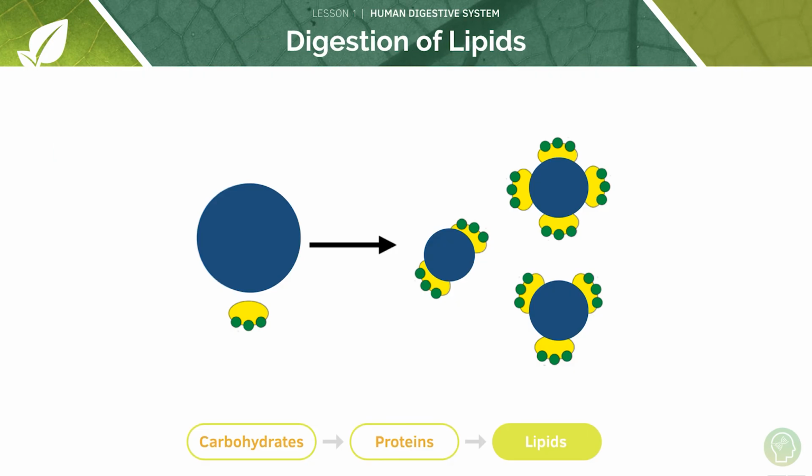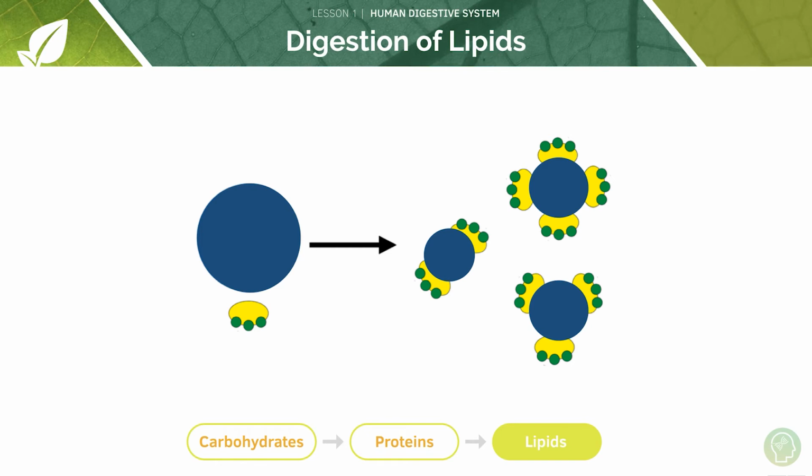So earlier on, I briefly mentioned bile. And we didn't really look at this in a lot more detail other than saying that bile is responsible for the emulsification of lipids. But what does that actually mean? Well, before lipids can be hydrolyzed by lipases, they need to be emulsified.